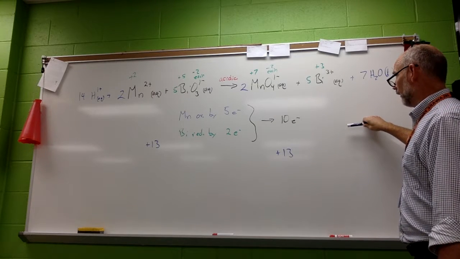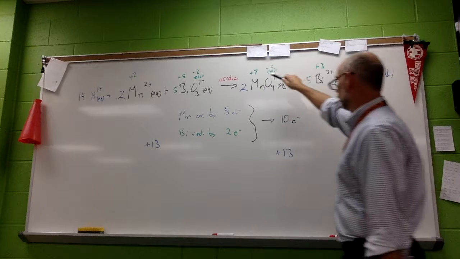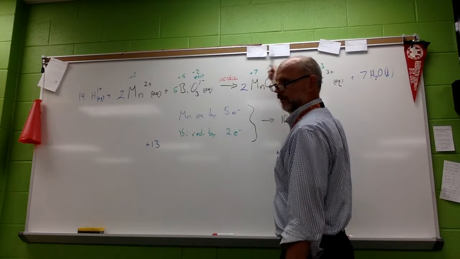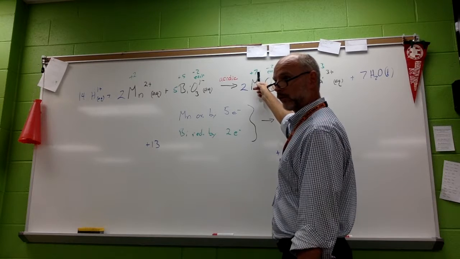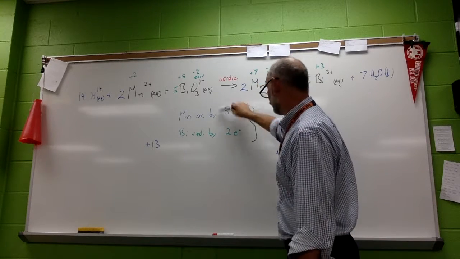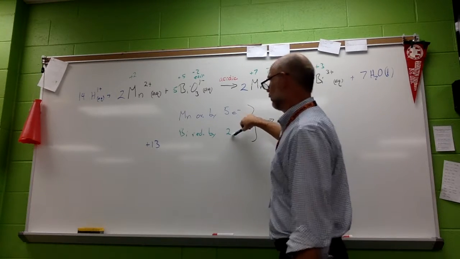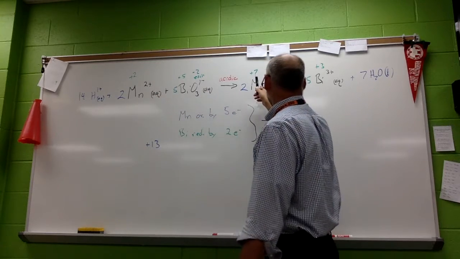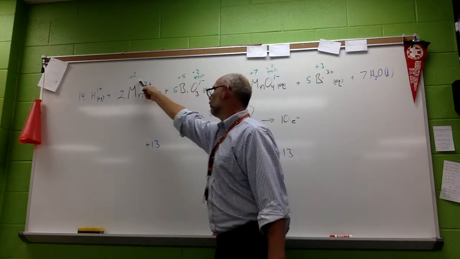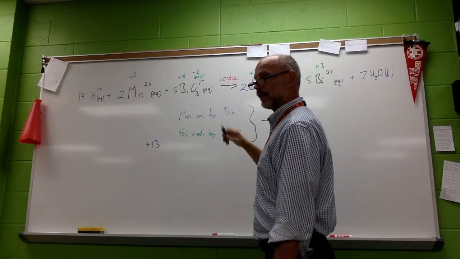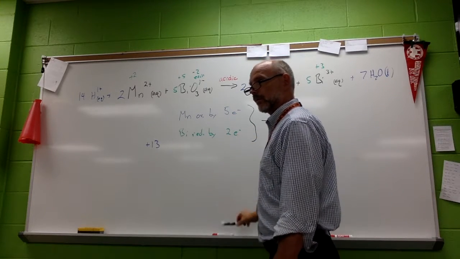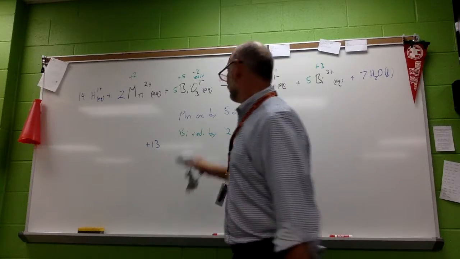I don't care about that. The only thing that allowed me to do is find out whether it was a redox reaction or not, to help us figure this out. Because the manganese went from 2 to 7. 5 electrons. All right.